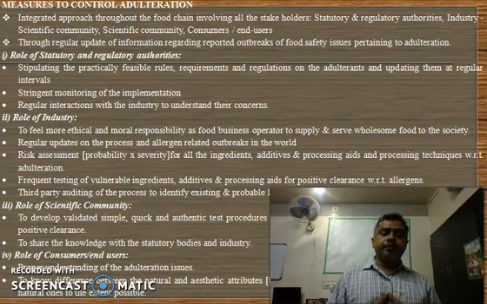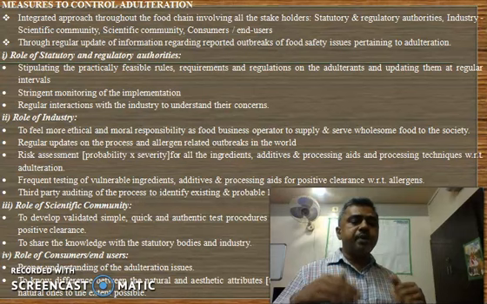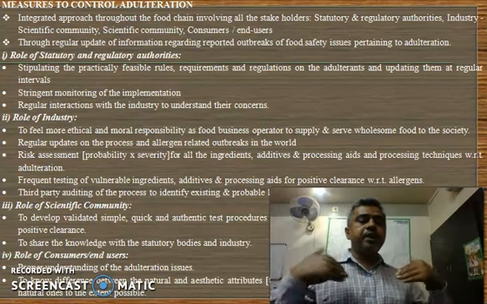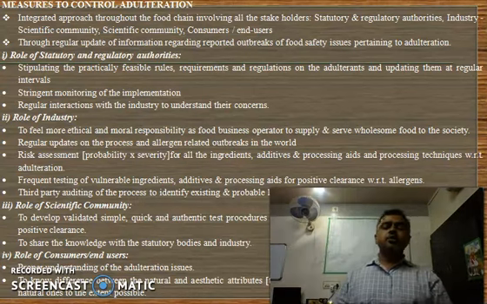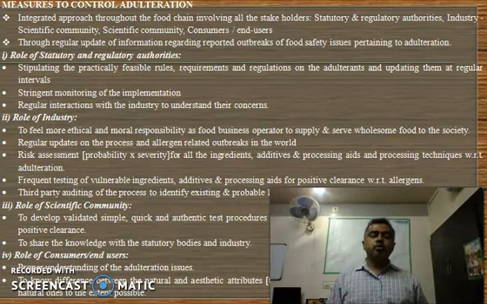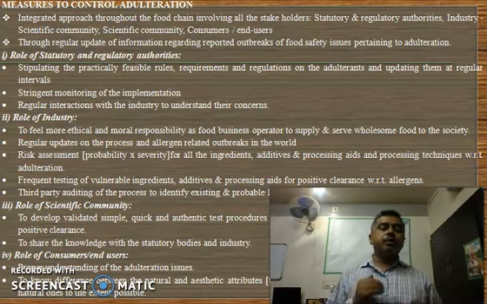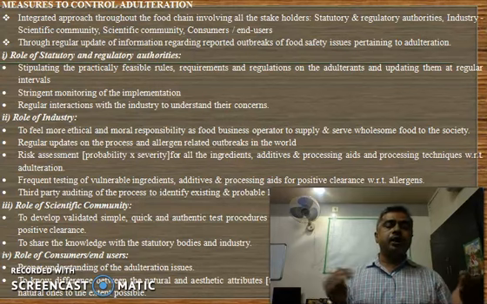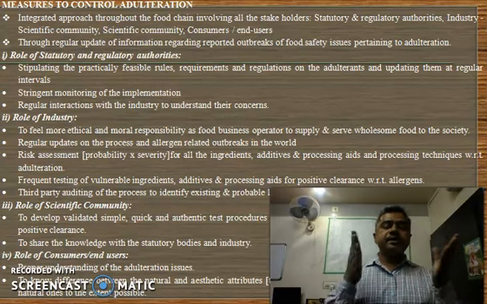Sometimes when you develop certain methods, they may be adopted in our regions, but some persons utilize another method, so the result may vary. So to validate that simple, quick, and authentic test with the Codex standard or FSSAI standard is required.